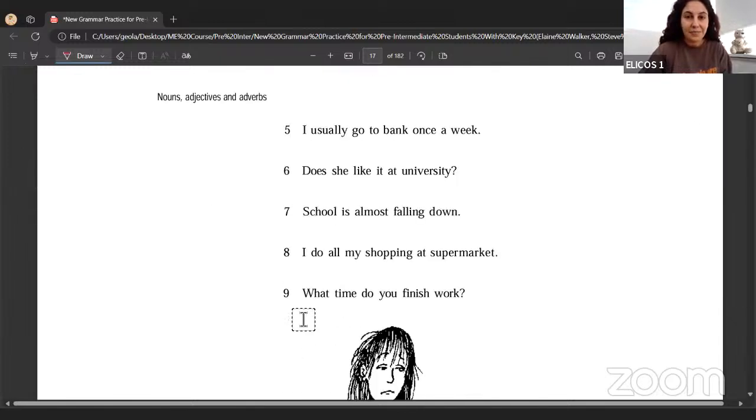5. Bed once a week. To the bank. The bed. Mhm. The bank. Yep, we need to put the in front of bank. I usually go to the bank once a week.